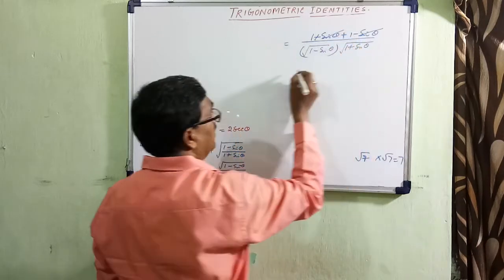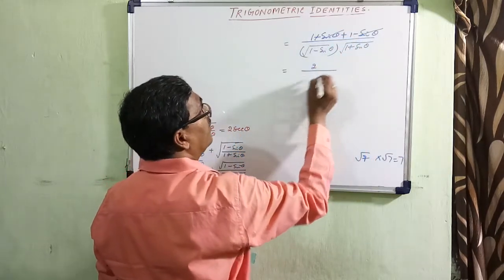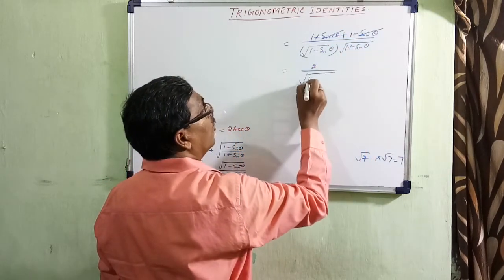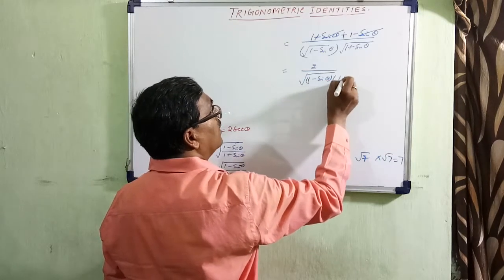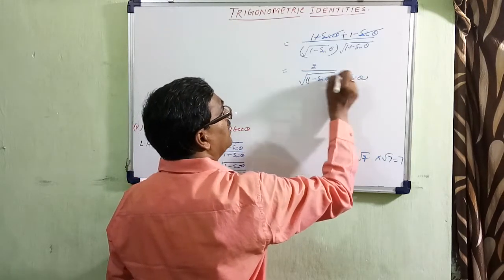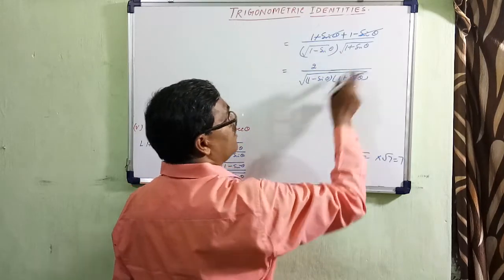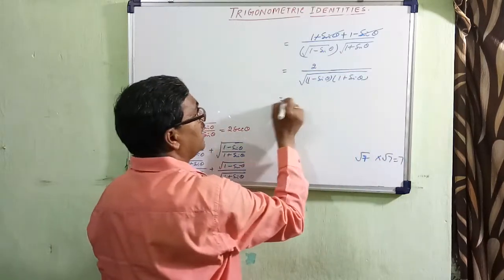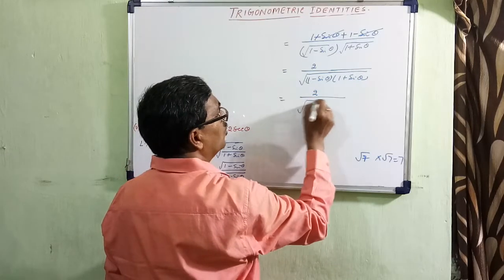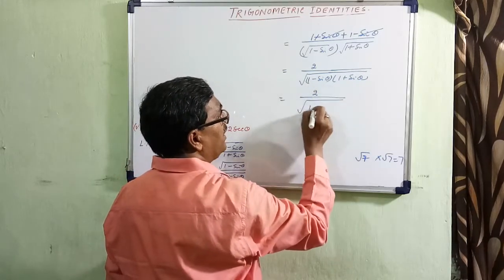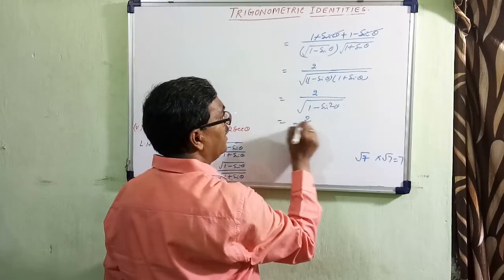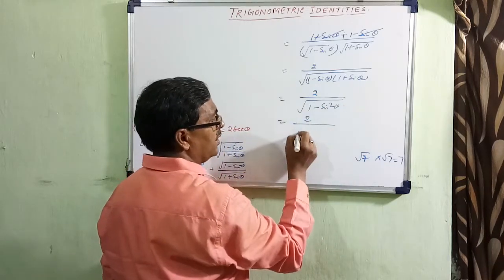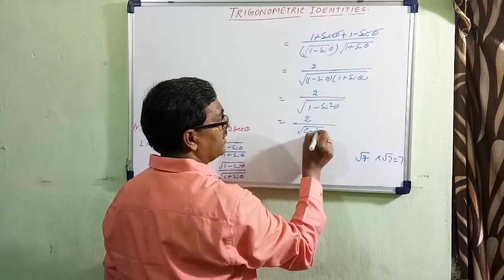This is cancelled. Left over 2 divided by root over 1 minus sin theta into 1 plus sin theta. Because the order is same, they can be kept under the same radical sign. 2 by root over a plus b into a minus b, a square minus b square. 2 by 1 minus sin square theta is equal to root over cos square theta.